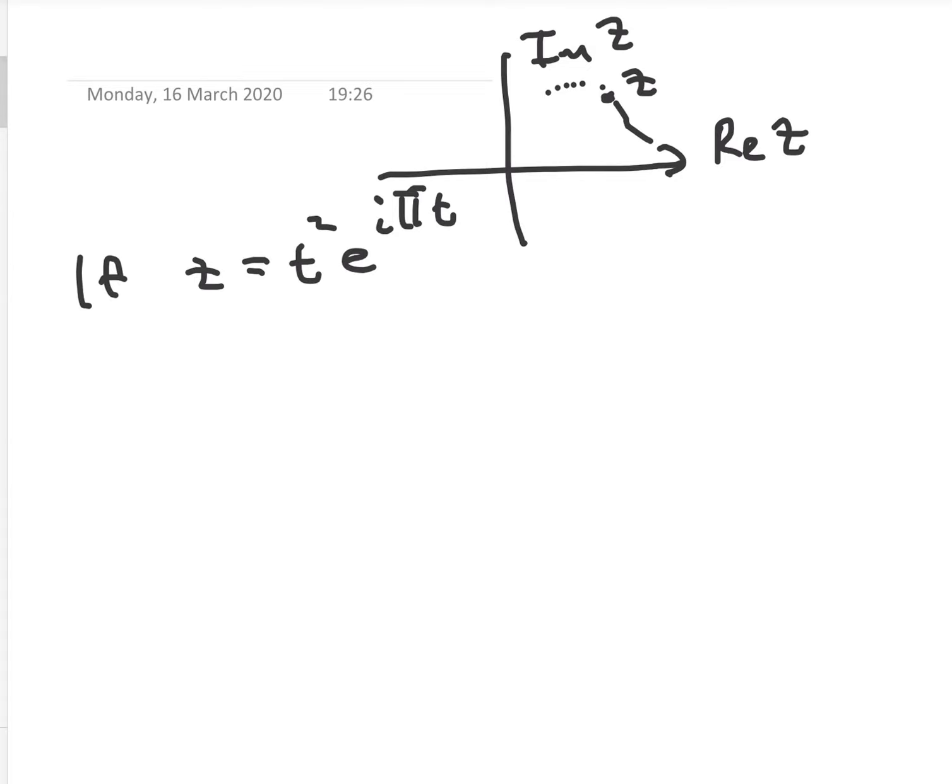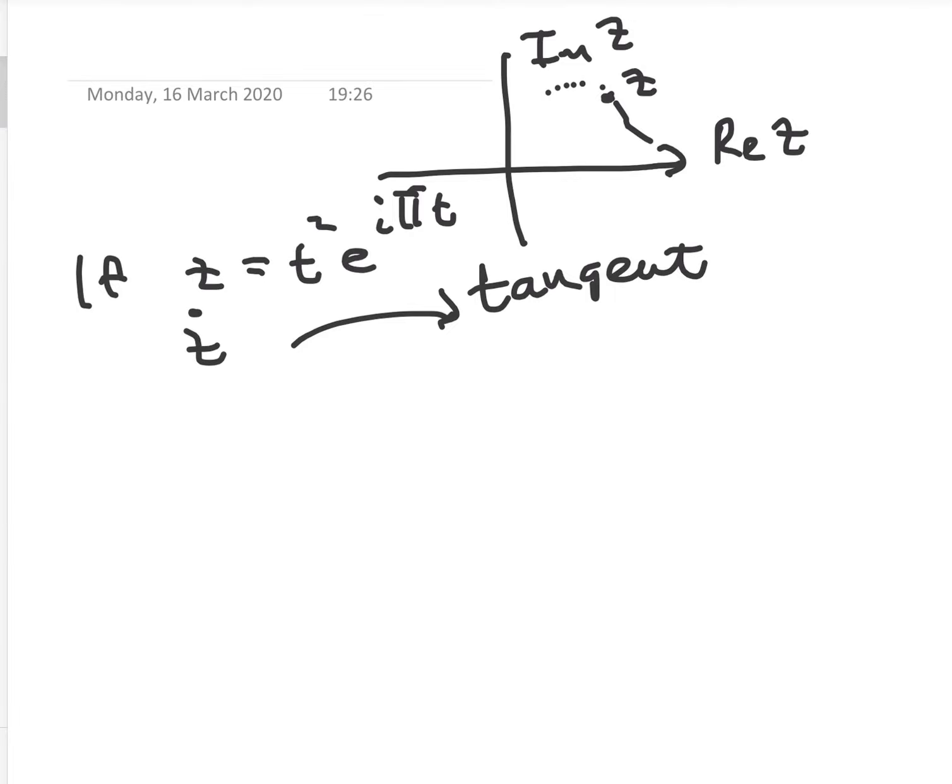So t equal to 0, for example, will give you the point 0, that's the origin, and so on and so on. And then z dot would be the tangent to this curve at some point with value t.